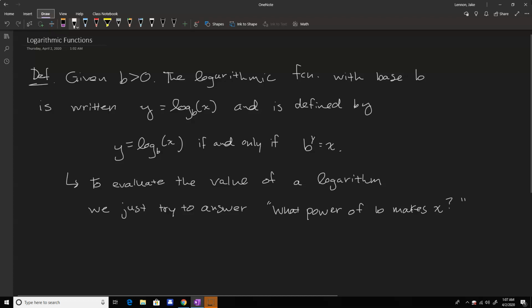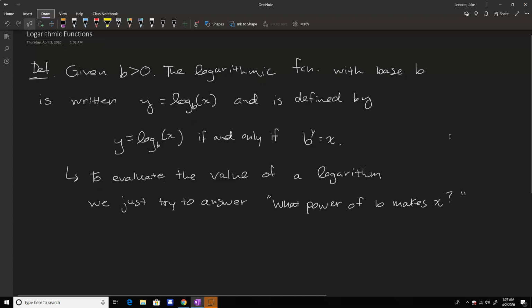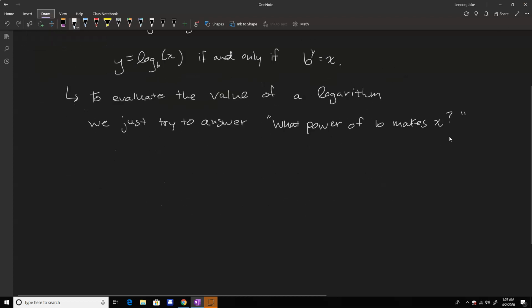But let's look at some examples. So just evaluating some values for logarithms before we start thinking about them as a function. So let's just evaluate. Let's start with, say, a, the log base 5 of 25.